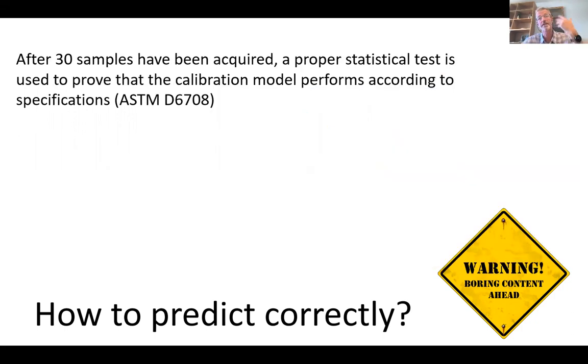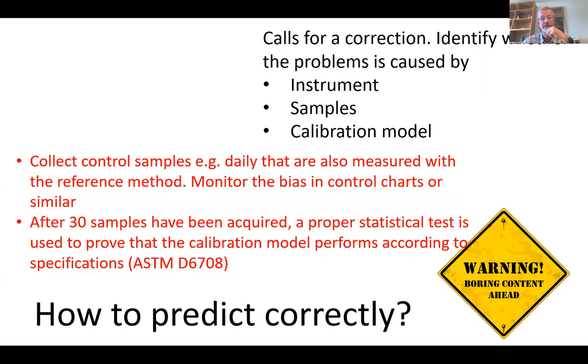Once you've done a correction, then you will also go in and verify that the correction actually did as you intended. Now, all of this is fine and good. You also have to look into, once you have a problem, what is actually causing the problem. Is it the instrument that has changed? Is it the samples that are different, that come from a different population? Or is it the calibration model that needs to be dealt with?